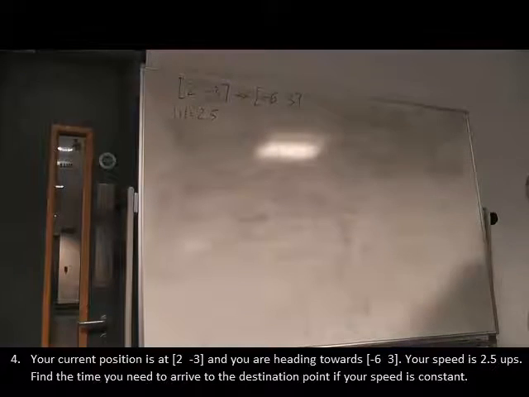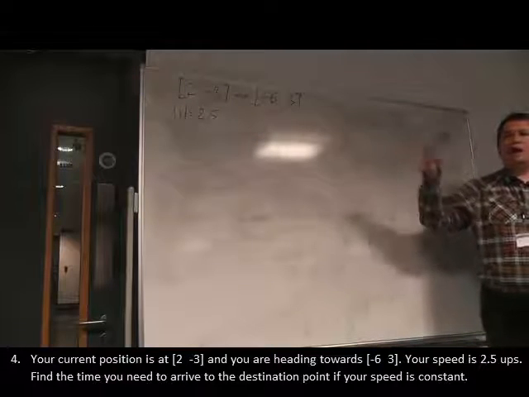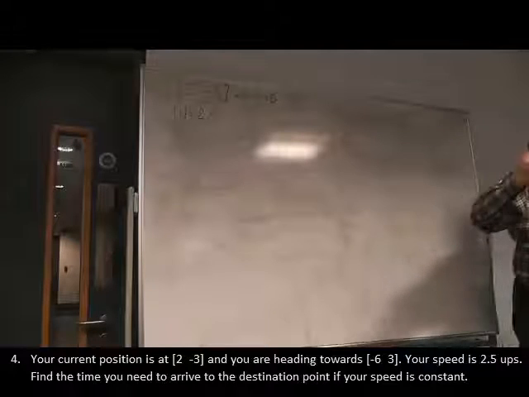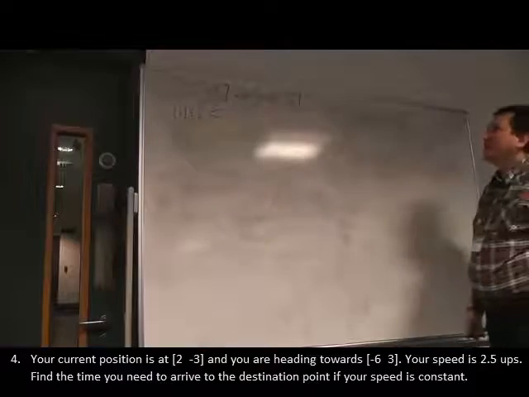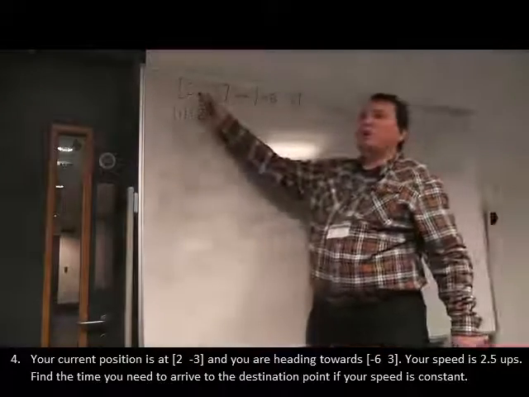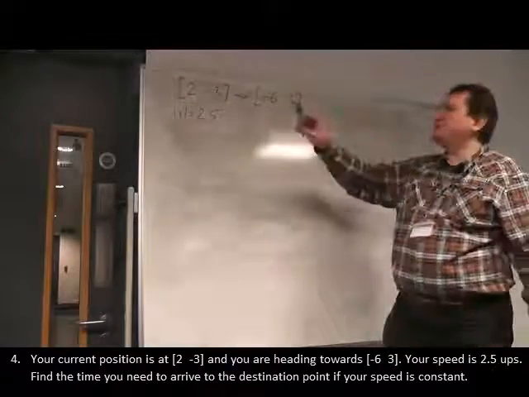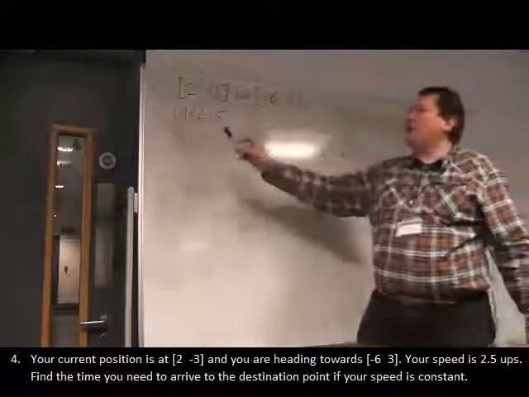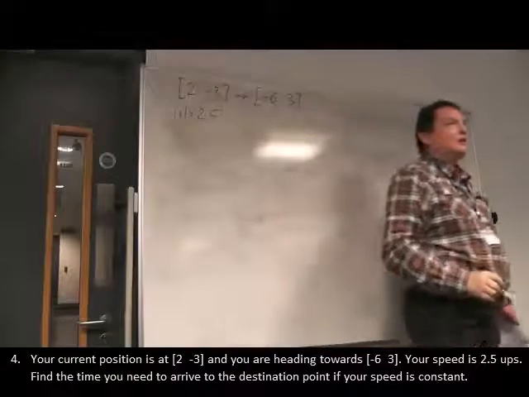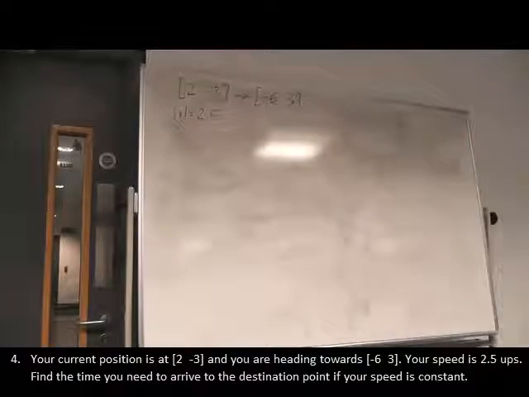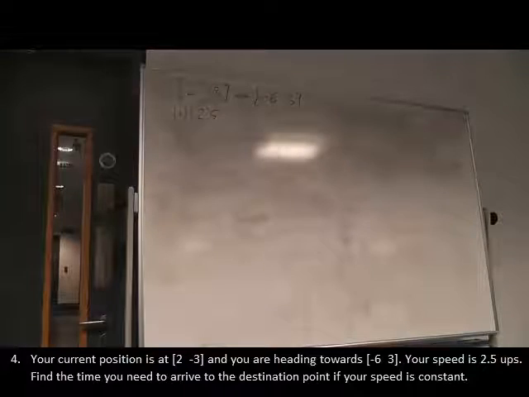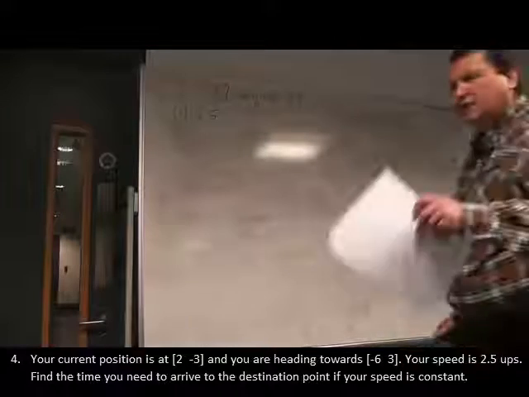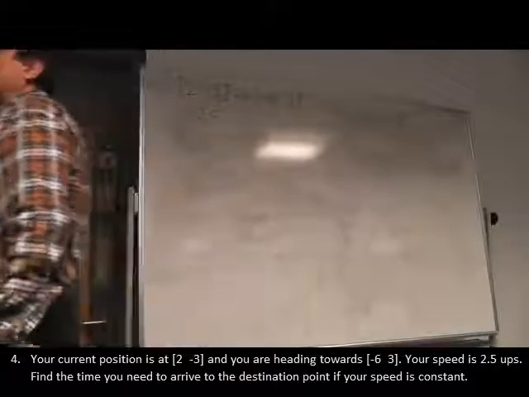Previously, and in the test last week, you had a velocity vector given, and there were questions arising from that. Now we know the current position, we know some position in the future, and we know the speed. And the question now is how we can find the time you need to arrive at the destination point if your speed is constant.